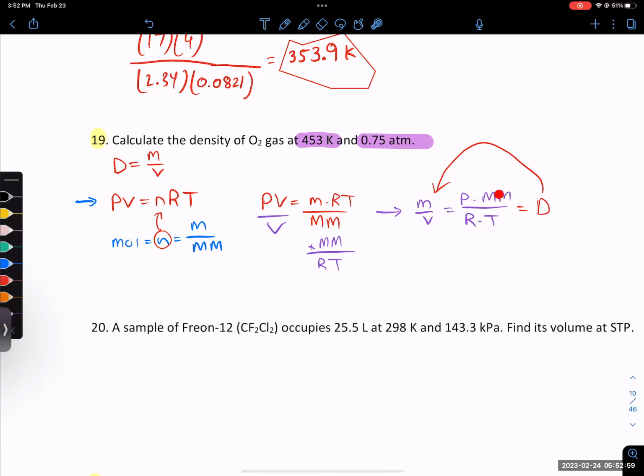Can you use the pressure times molar mass equation to solve for the density of, say, a solid? Think. Can you take a wild guess?